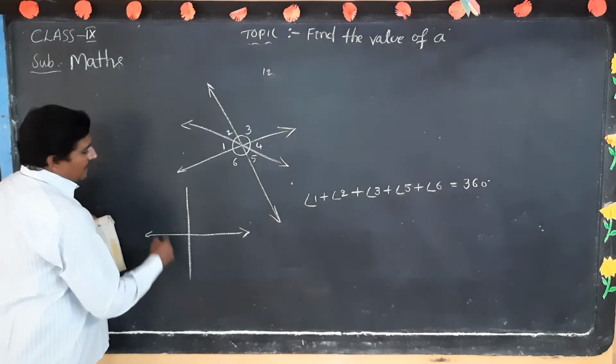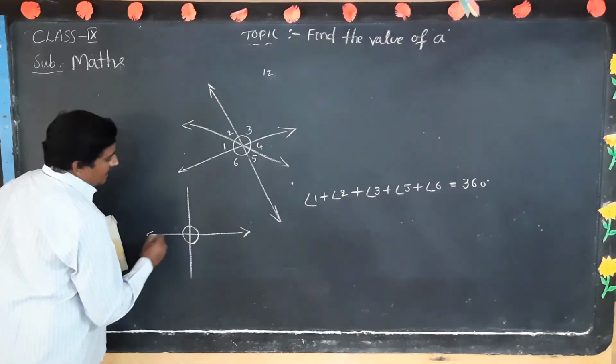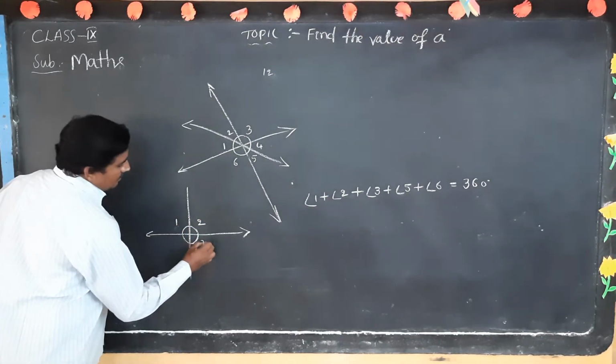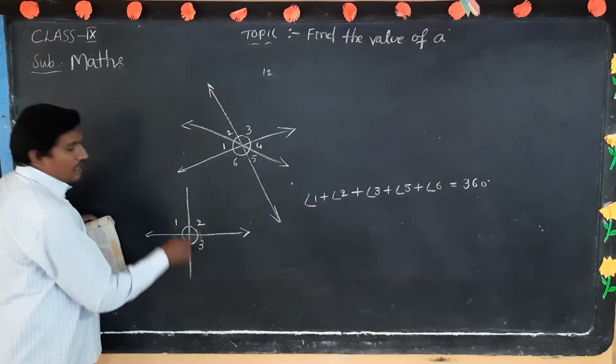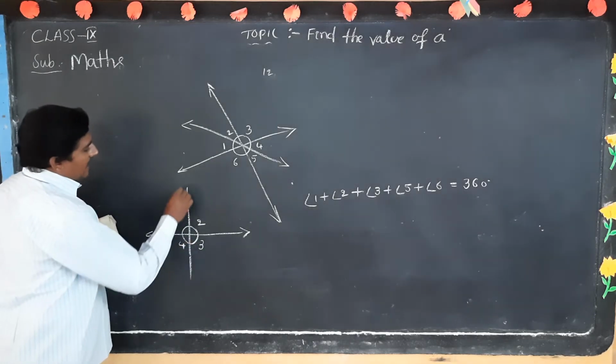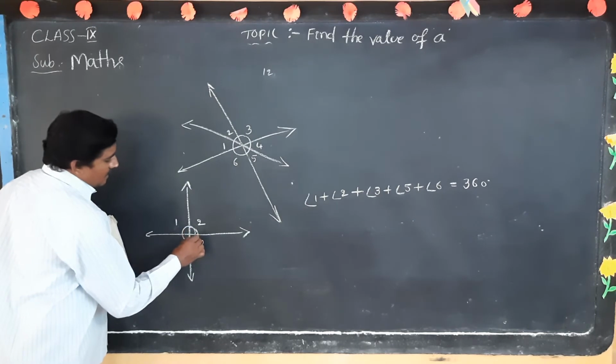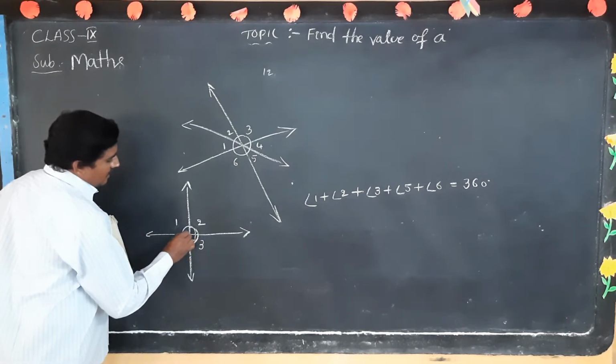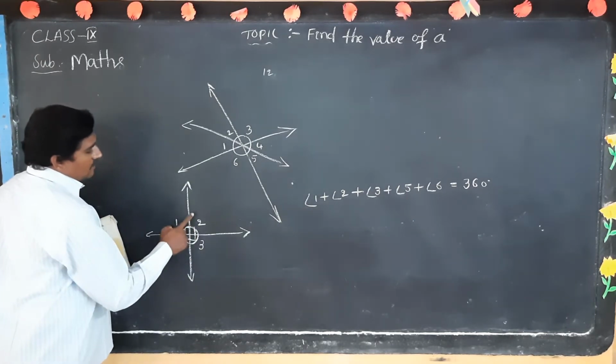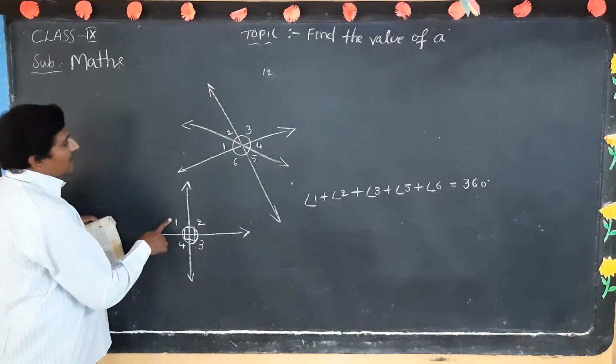Otherwise, taking this total complete rotation with angles 1, 2, 3, 4, all are right angles. Here 90 degrees, here also 90 degrees, here also 90 degrees.